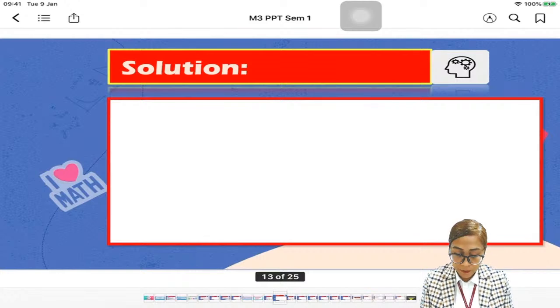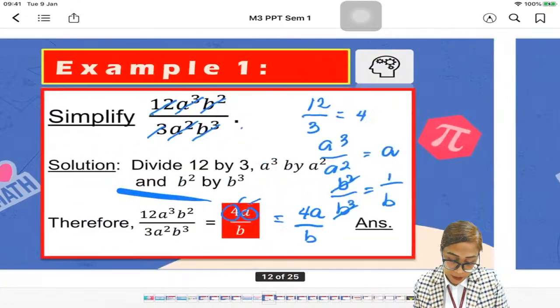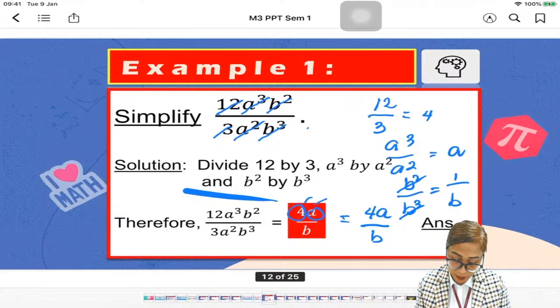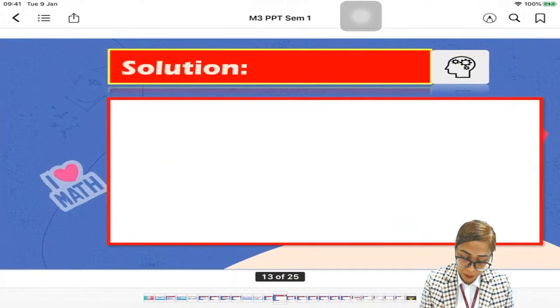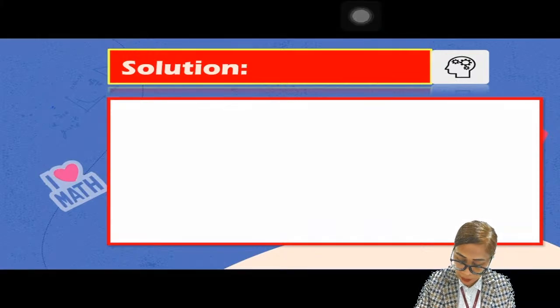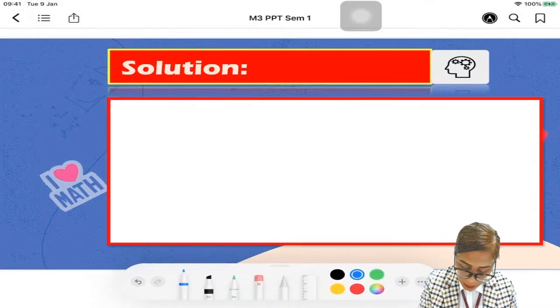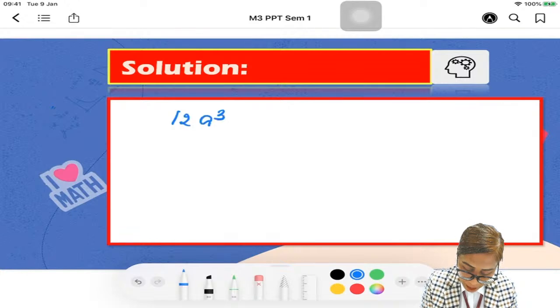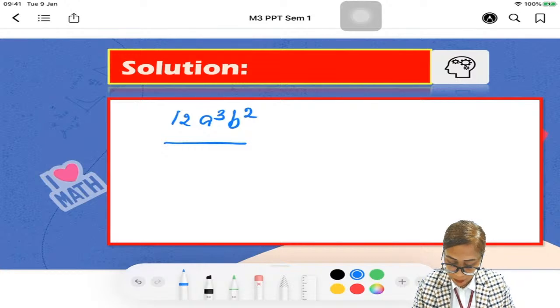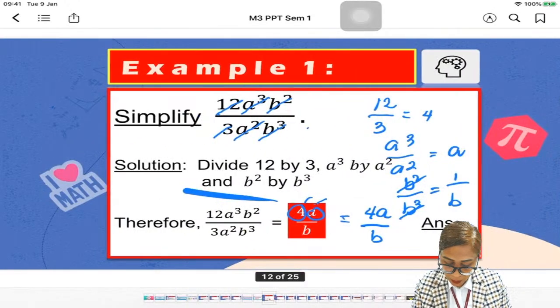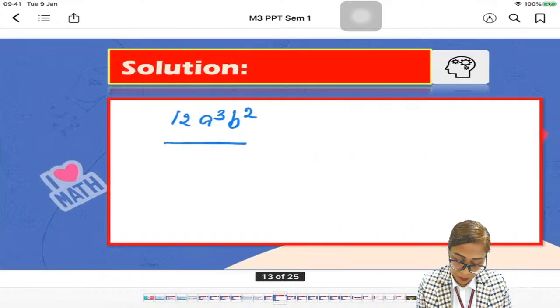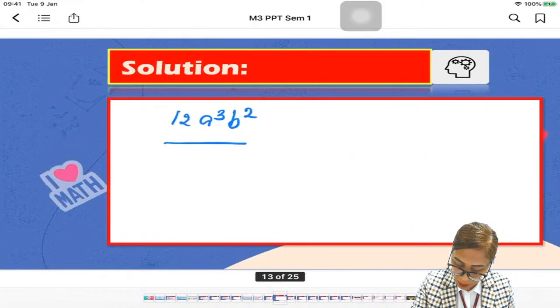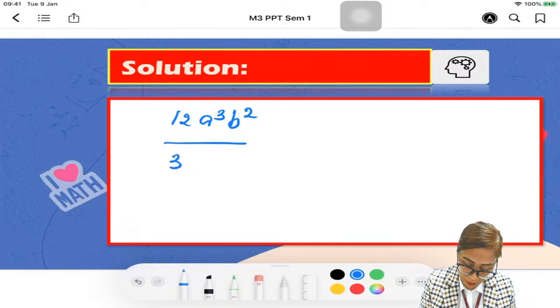Next, that's the solution. Can we have it again on the next slide, 12a cubed b squared over 3a squared b cubed, so it's easier to look at.